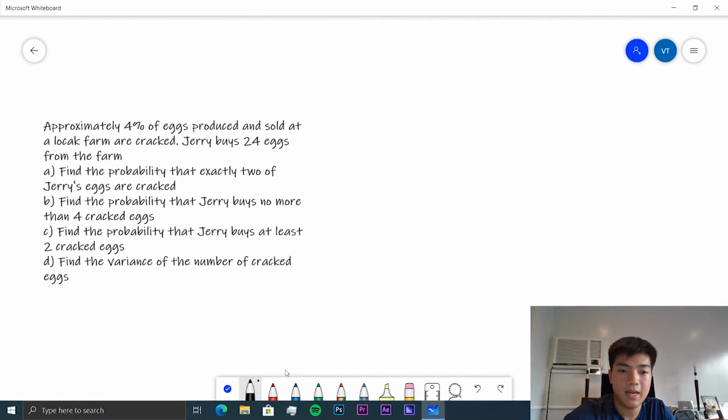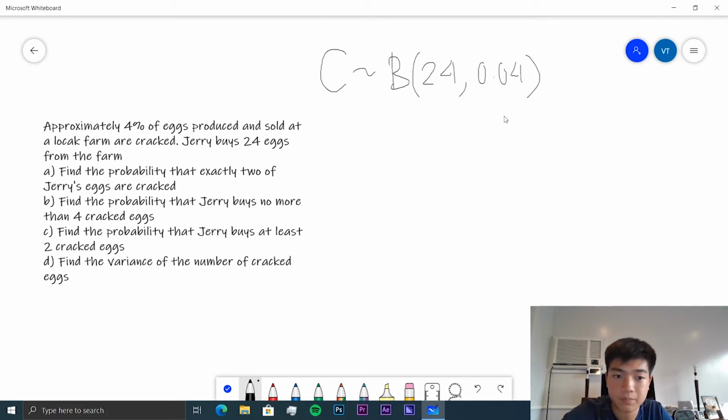What we have over here is a binomial distribution: the number of cracked eggs is binomially distributed with 24 trials, and the probability that an egg is cracked is 0.04. So first, find the probability that exactly 2 of Jerry's eggs are cracked.